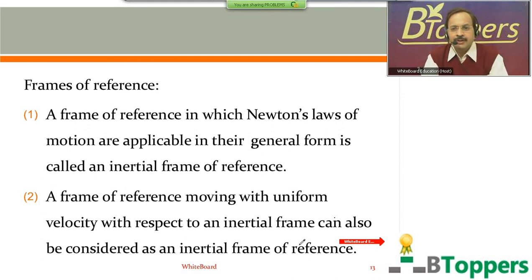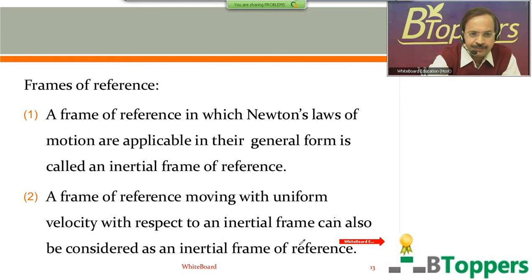Those who want to write the notes can copy down these 2 points in your notebook. In case you need more time to copy the notes, you can pause and copy the notes.